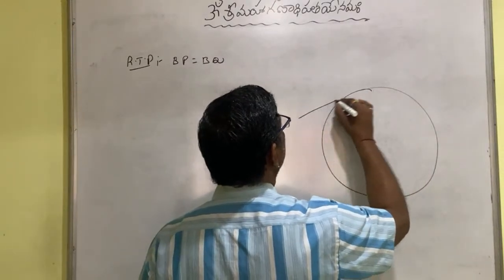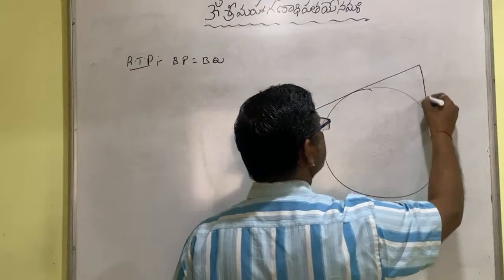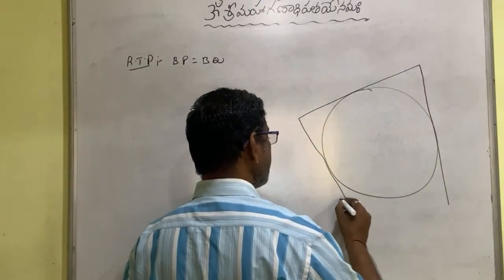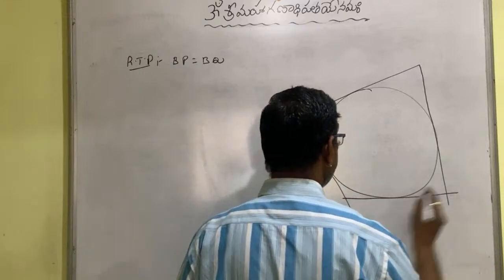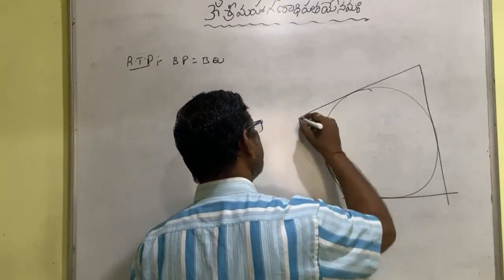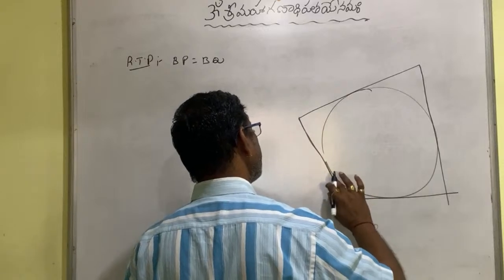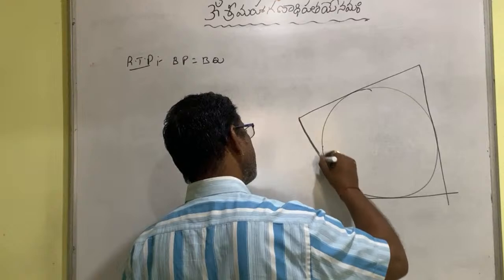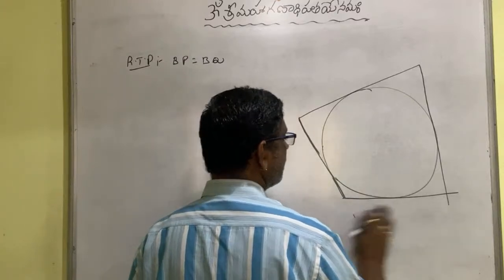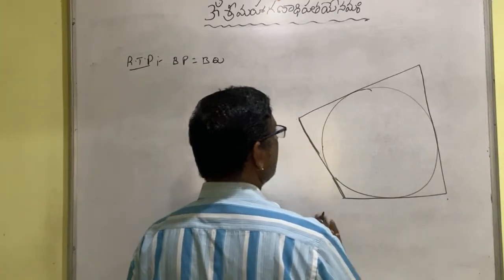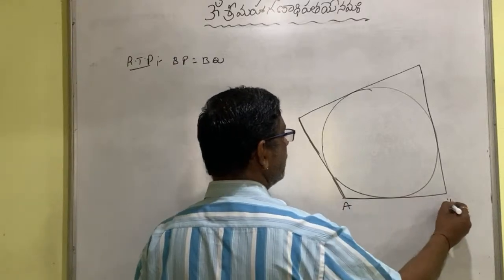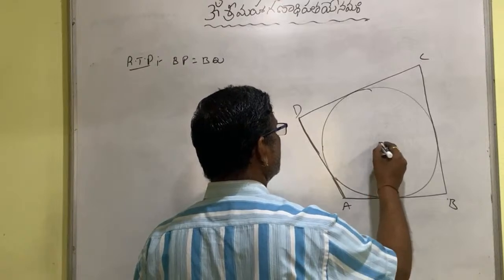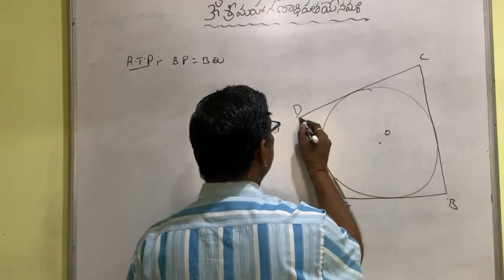Circle A, B, C, D. O is the center of the circle.